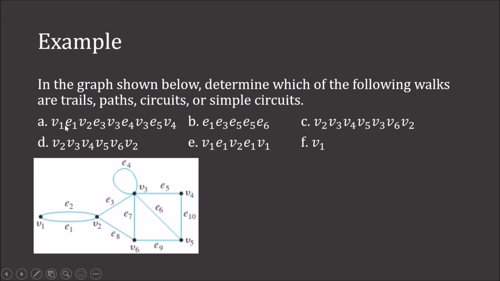This does have a repeated vertex, namely V3, but it does not have a repeated edge, right? E1, E3, E4, E5. Thus, it is a trail from V1 to V4.